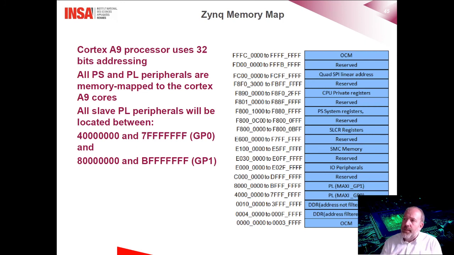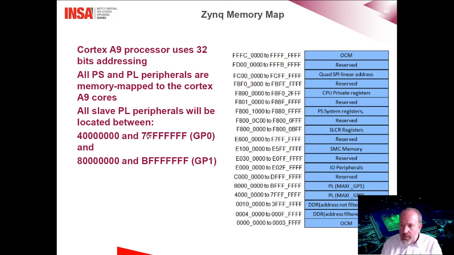This shows the Zynq memory map, just to show how it interfaces with the peripherals. The Cortex-A9 processors use 32-bit addressing, and all peripherals, system peripherals, but also the peripherals that are embedded in the programmable logic, are memory mapped to the Cortex-A9 cores. For example, all slave PL peripherals are located between these two addresses.